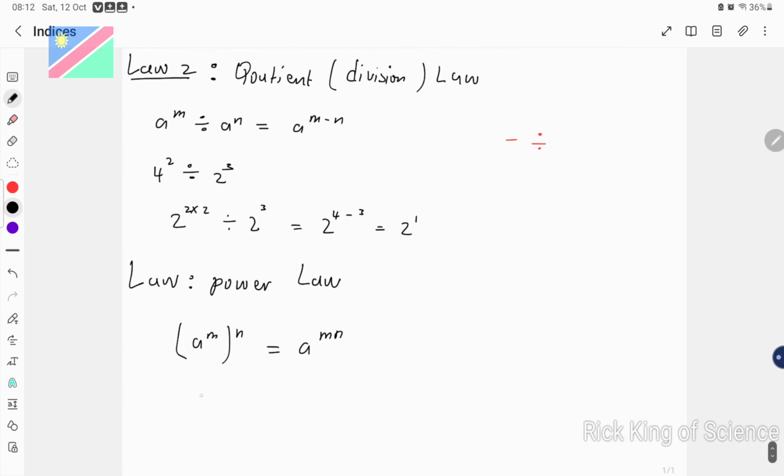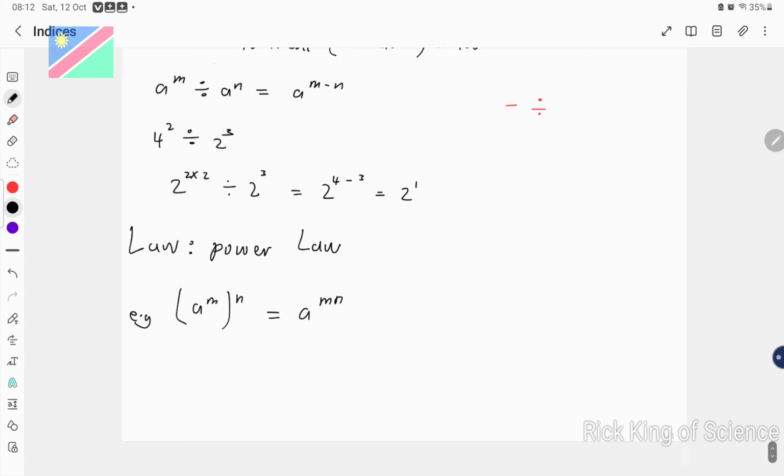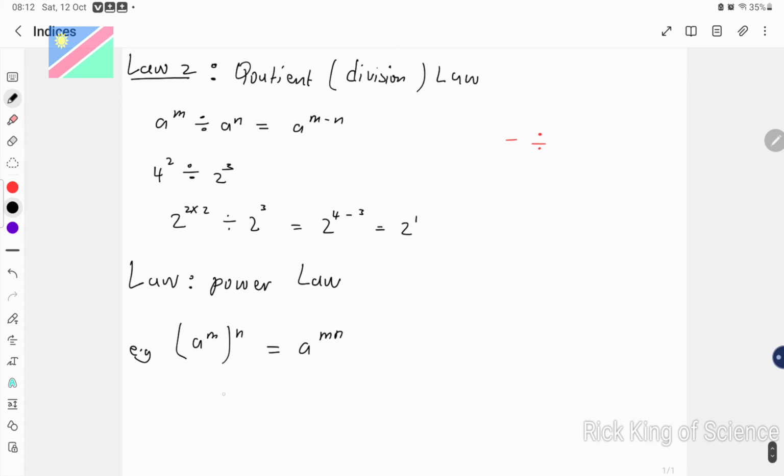Sometimes it's also possible to see this. I'm going to give you 3 examples here because most learners will make a mistake. Let's say I have a power m over b power m, and then there's a bracket that includes everything, power n.